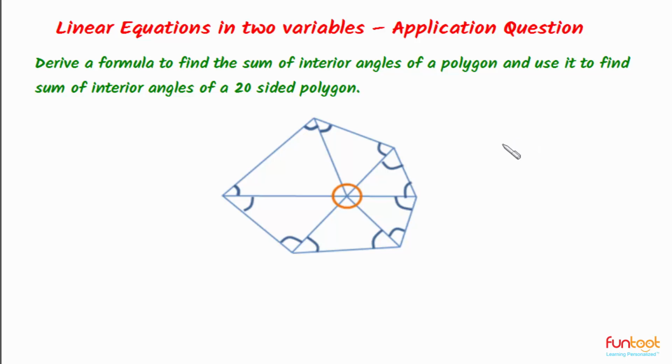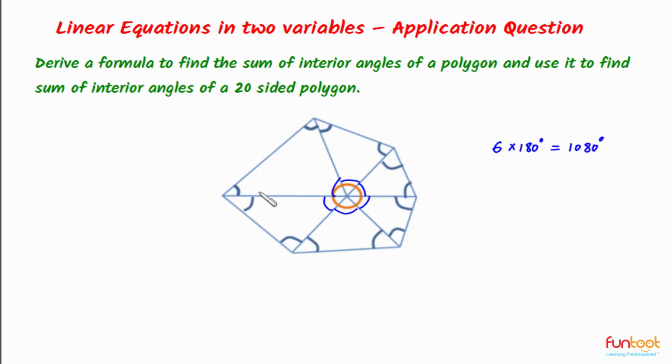So for 6 triangles, the total sum of angles will be 6 multiplied by 180 degrees, that is equal to 1080 degrees. Angles of the triangles also include these angles, so these angles are also included in this sum here.